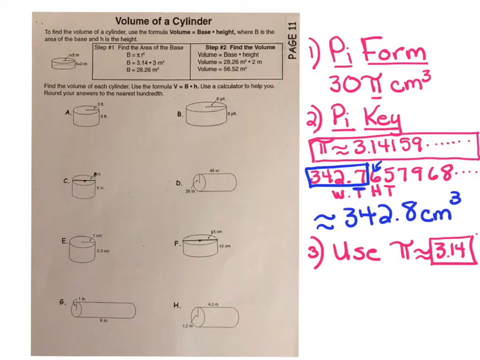So do not leave your answer in pi form. Do not use the pi key. But for this particular worksheet, we're going to use 3.14, the rounded version of pi. We're going to eliminate this step. Let's take a closer look at the worksheet.